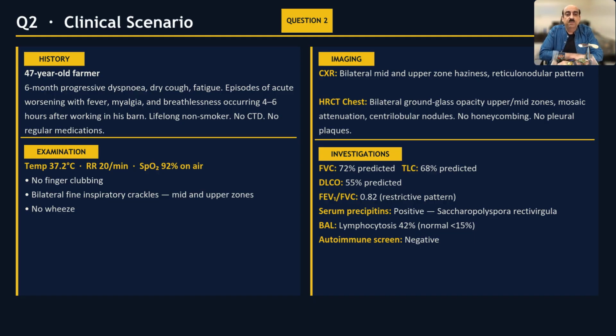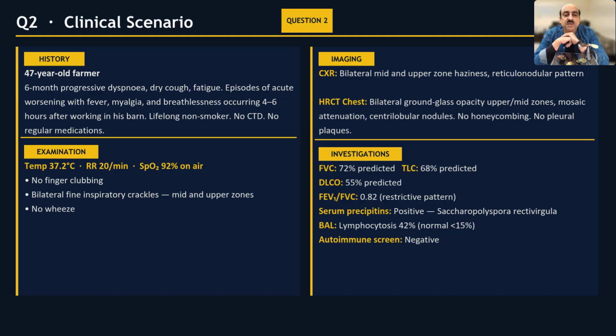Question number 2. A 47-year-old farmer with a 6 months history of progressive dyspnea, dry cough, and fatigue, and episodes of acute worsening with fever, myalgias, and breathlessness which occur every 4 to 6 hours after working in his barn. He is a lifelong non-smoker. There is no history of connective tissue disease, and he is on no regular medications.